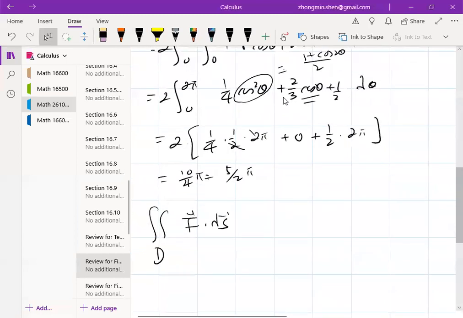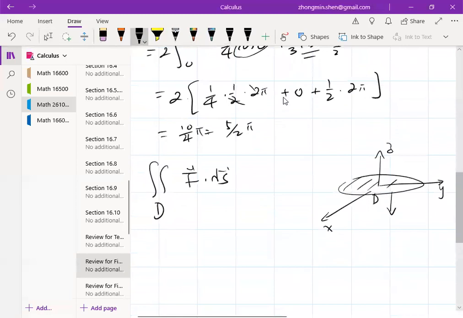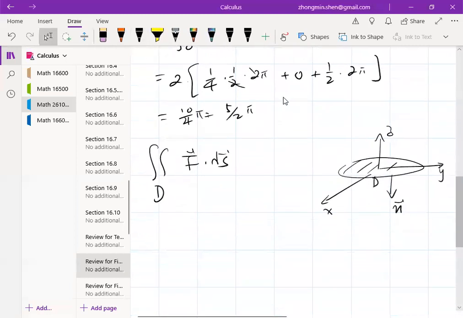This is the disk D in the xy plane, and the normal vector points to the other side, because we want to make a closed surface. View this disk as a surface in space, right? How do you evaluate it? Okay, and it is oriented pointed downward.